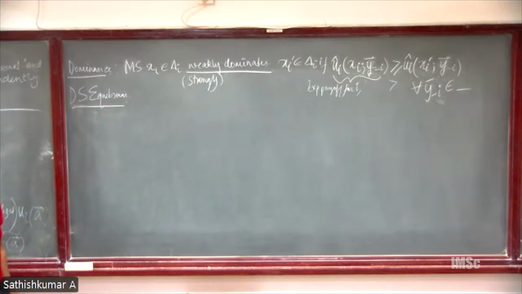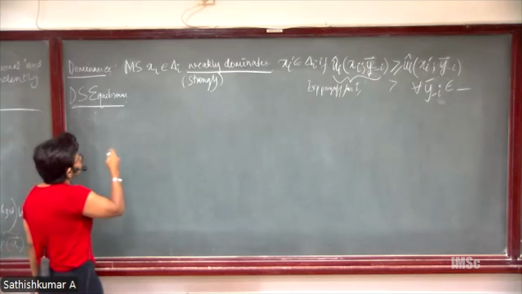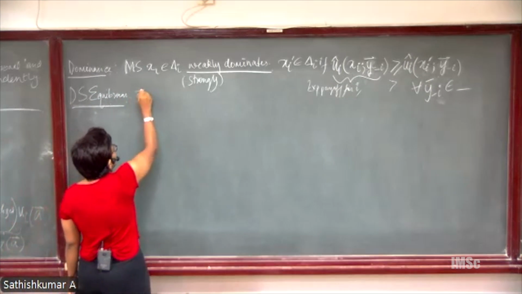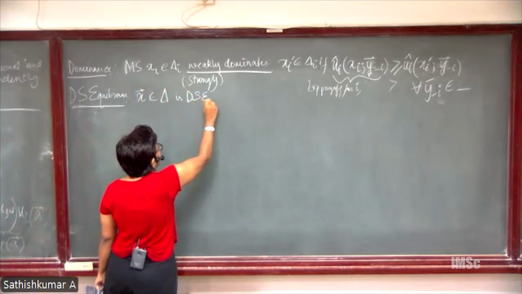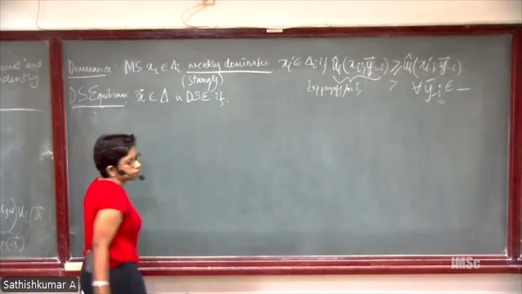Just one person playing a strategy does not make an equilibrium. Equilibrium is a state attained by all the players together. Always remember that. So for that to make sense, we always have to talk about a profile, which is a vector of strategies for all the players. So X bar is a dominant strategy equilibrium if what?